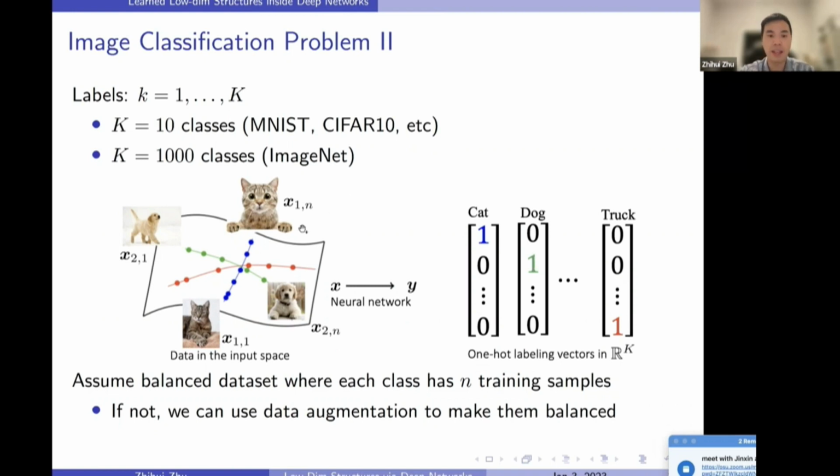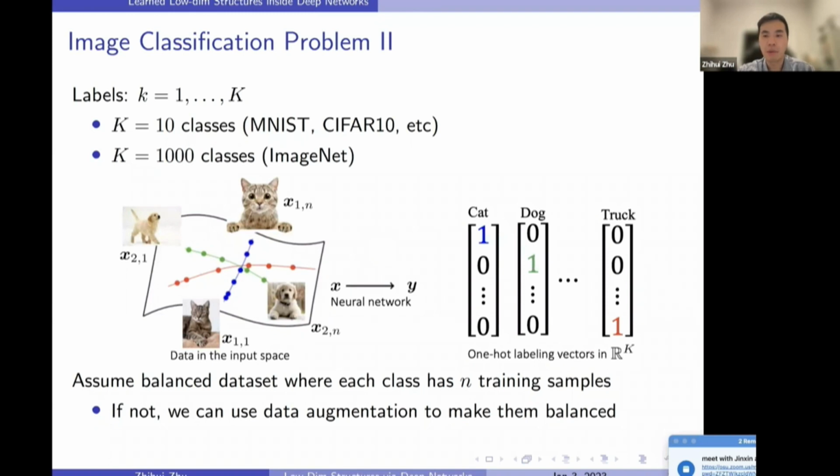For example, we could have n different cat images, and n different dog images. During the lecture, we will assume the datasets are balanced in the sense that each class has an equal number of training samples. They all have n training samples. If not, we can easily use tools like data augmentation to make them balanced.